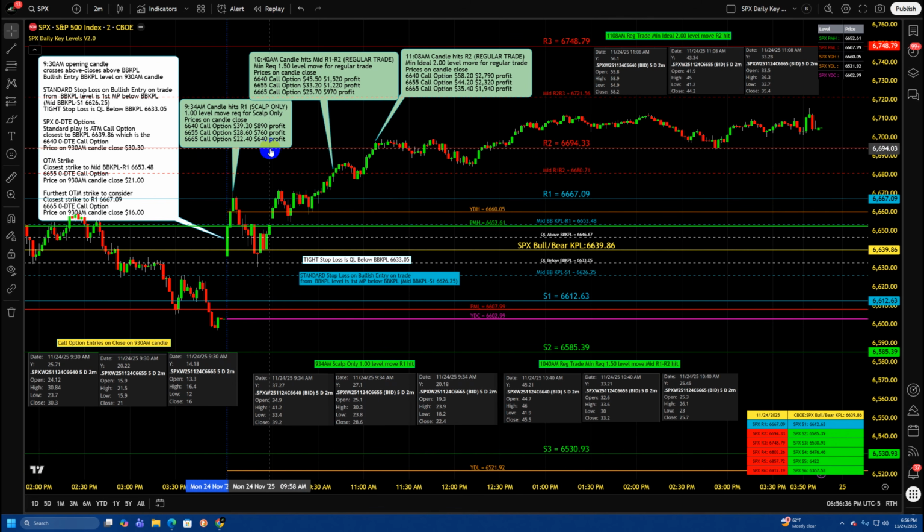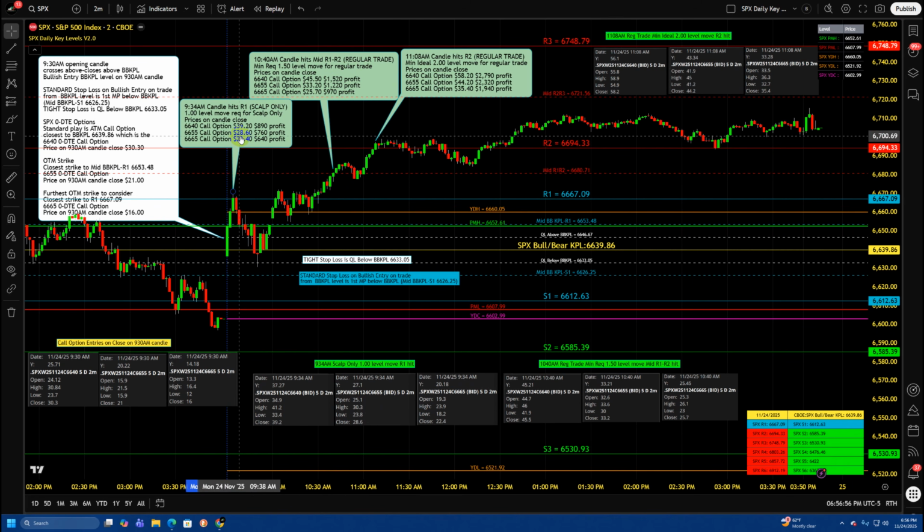Now, if you were doing a scalp, you're now free to do another trade, whether that trade is from the bull bear key price level or from one of the other main levels.